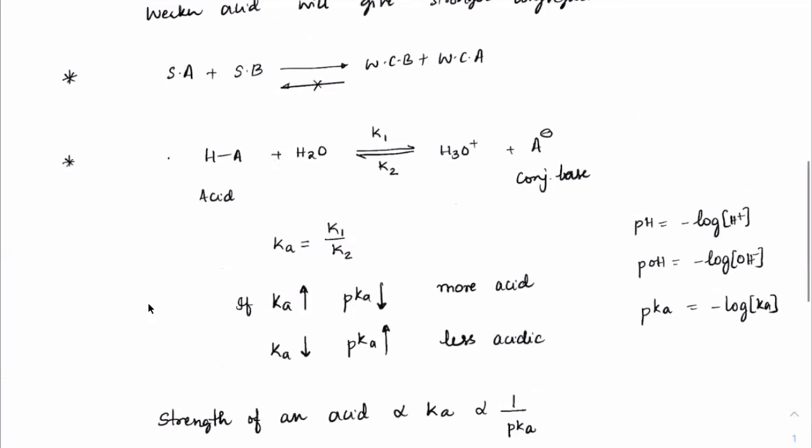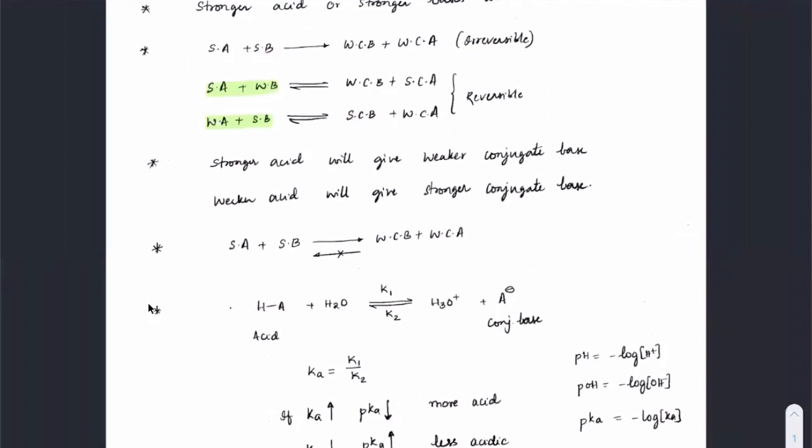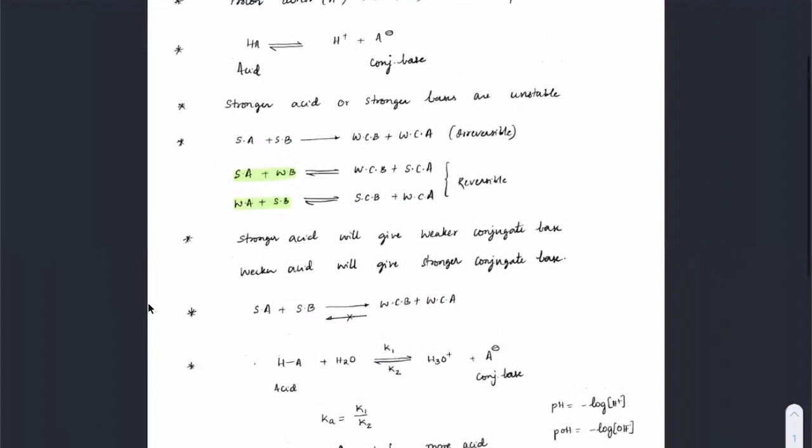If the pKa value is more, it is a weaker acid. If the pKa value is less, we can say it is a stronger acid. So henceforth, we will always try to compare the pKa values of acids. Okay, students, just make sure you have a note of all these synopses.